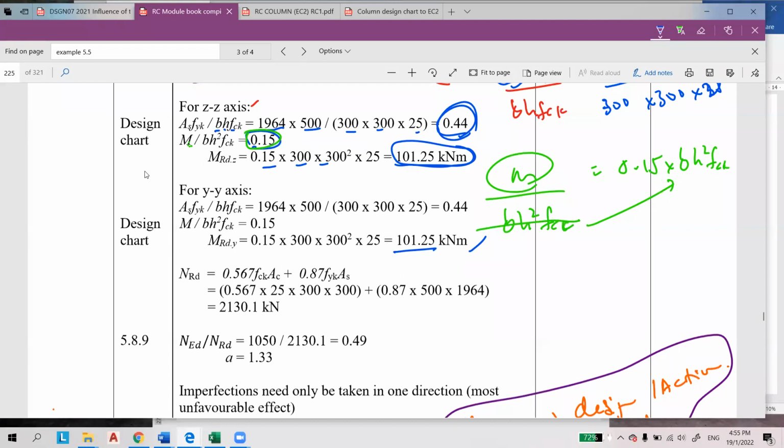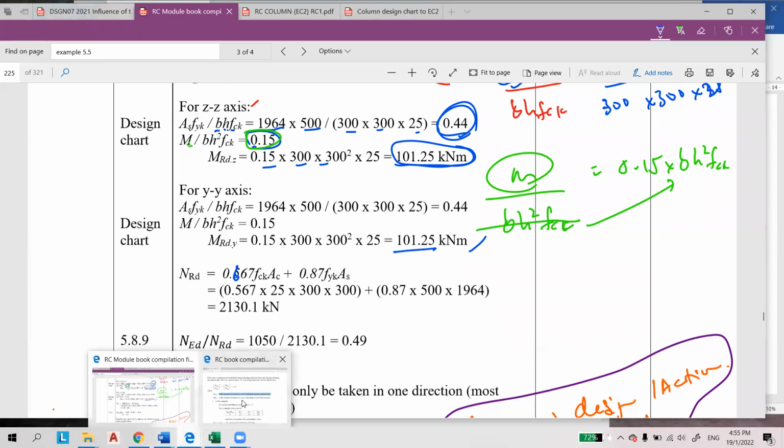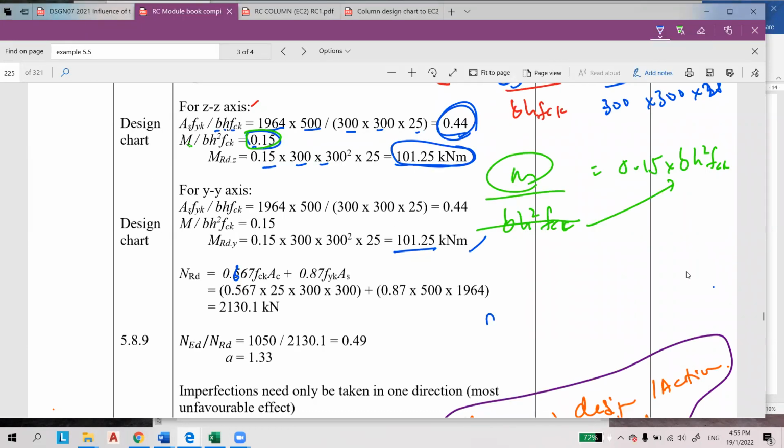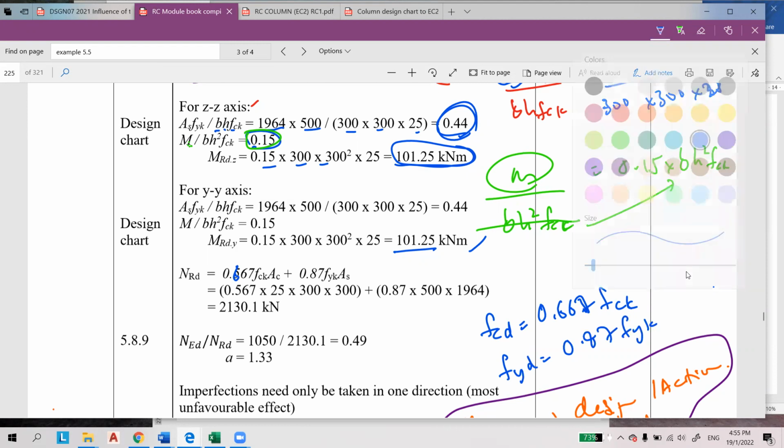Then NRd is 667, because NRd is equal to Ac fcd plus As fyd. You must always remember fcd is equal to 0.667 fck, and fyd is equal to 0.87 fyk.